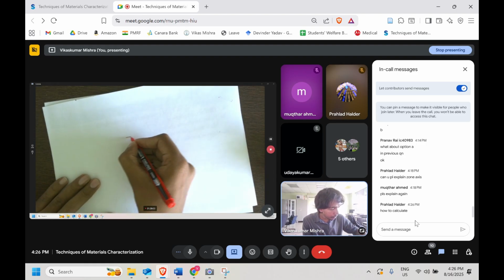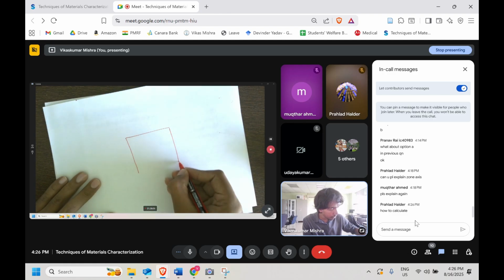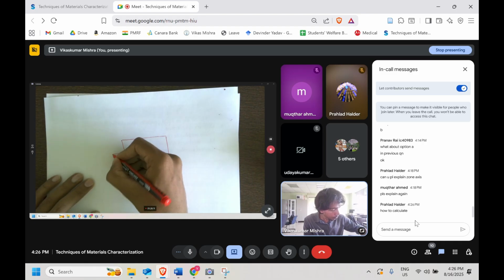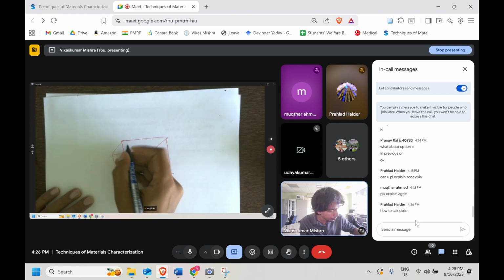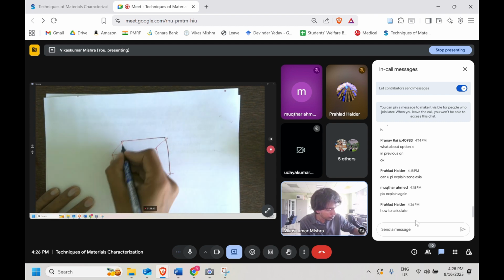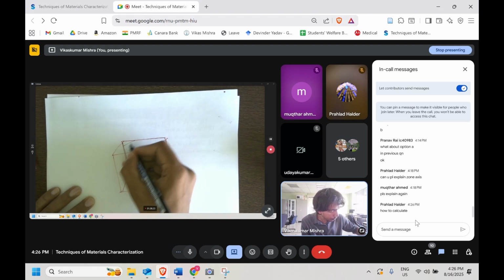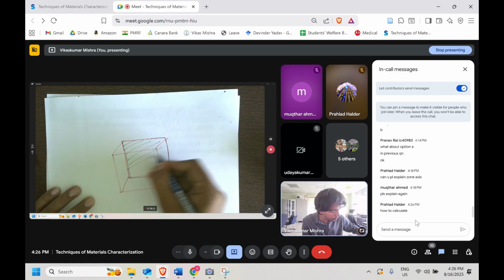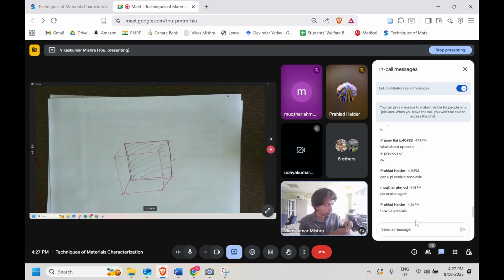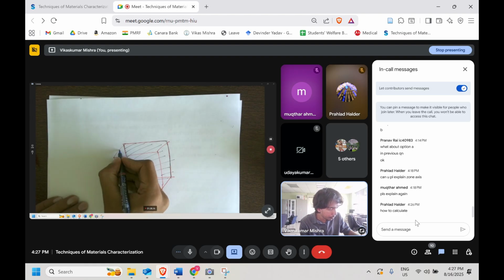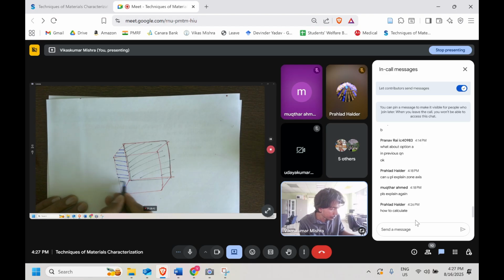Let us say this is the crystal. Now consider that this is one plane, this plane. Right? Yes, brother, we'll come to that, how to calculate that. Now, consider this also, this plane.